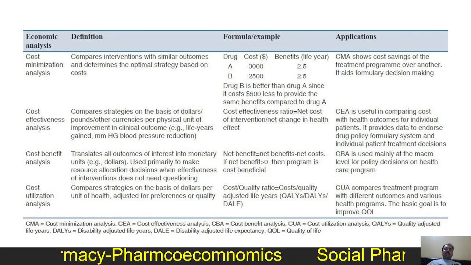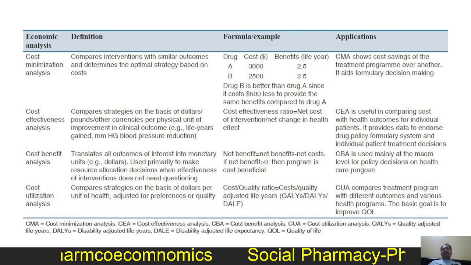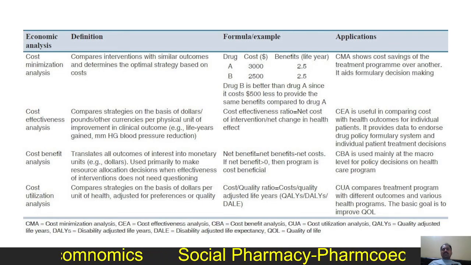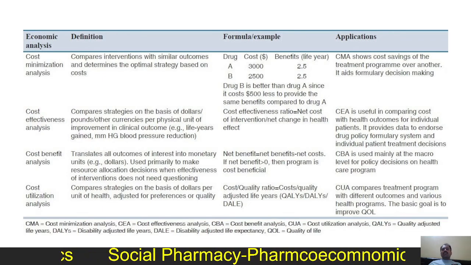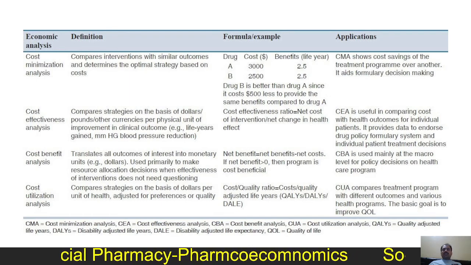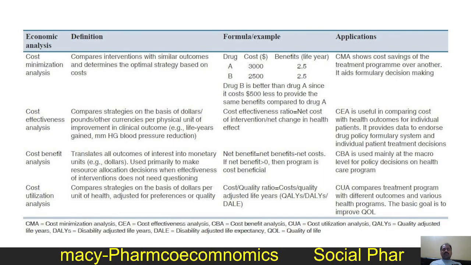So in that case we'll prefer drug B as it has less cost as compared to A. So it shows cost saving of one treatment program over another drug. It aids in formulary decision making, in which we can include or exclude a particular drug in the hospital formulary.